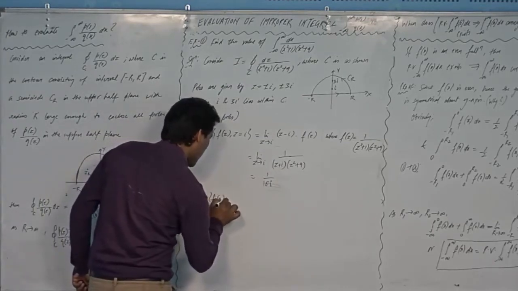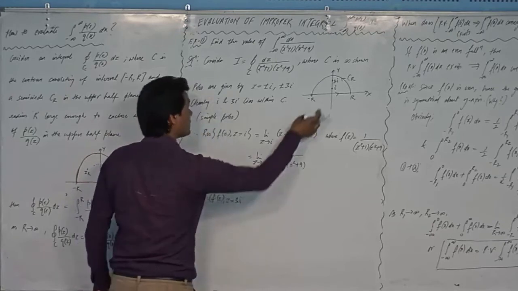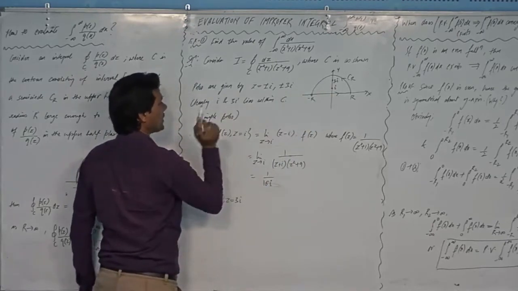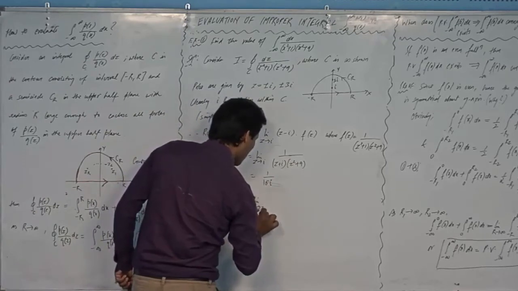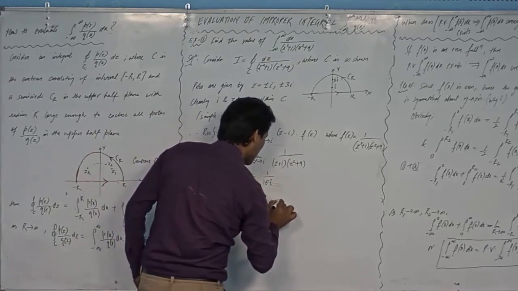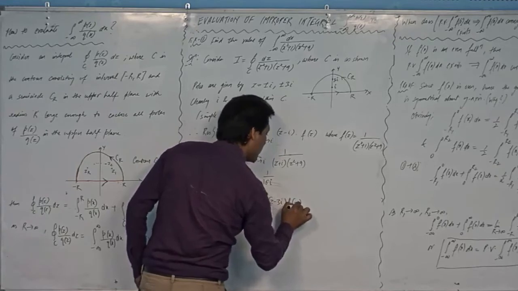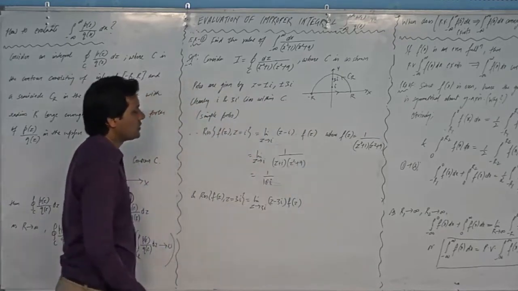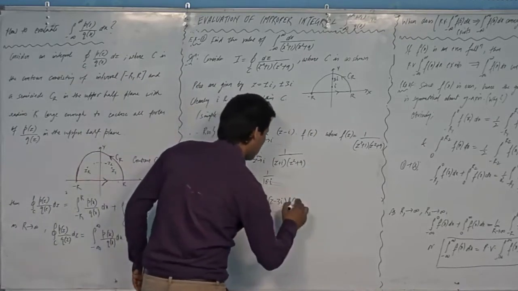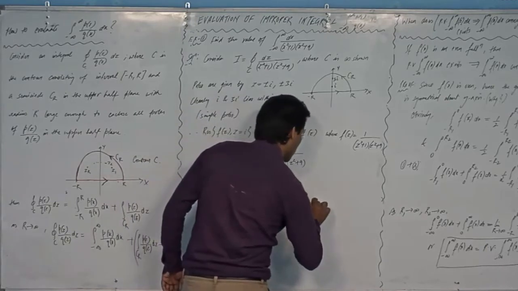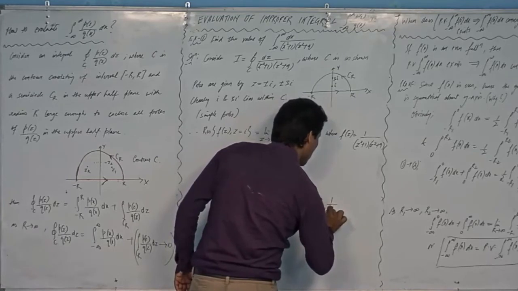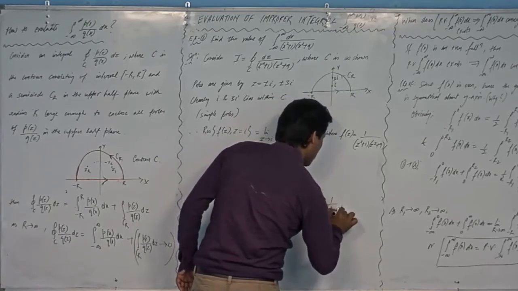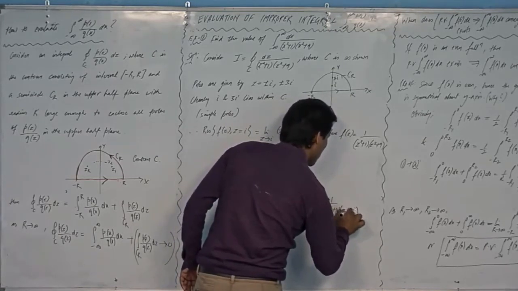And similarly, the residue of f(z) at the second pole, which lies inside this contour, that is 3 iota: limit z tends to 3 iota of z minus 3 iota multiplied by f(z), and your f(z) is this. So you will get, I think, limit z tends to 3 iota of 1 over z square plus 1 and z plus 3 iota, right?